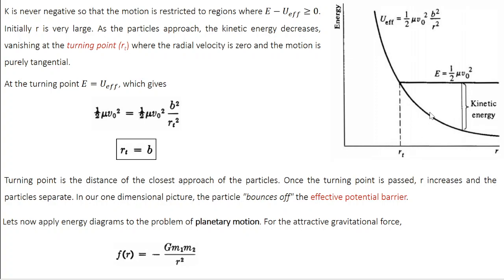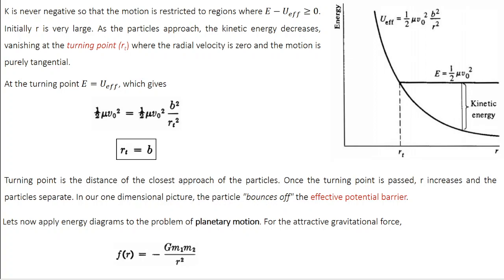So as I said, if you cross the turning point, what happens? If you try to bring them closer beyond this point, that doesn't happen, and you will find that the separation distance is going to increase. So they are going to move in the opposite direction. It's like you bring M2 closer to M1, so you can come to a certain minimum distance. Beyond that, you cannot bring M2 closer.